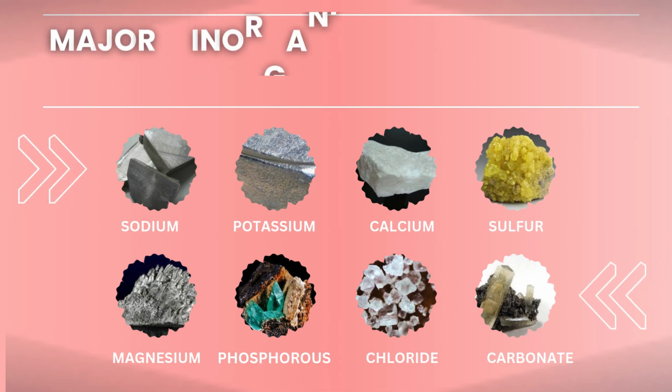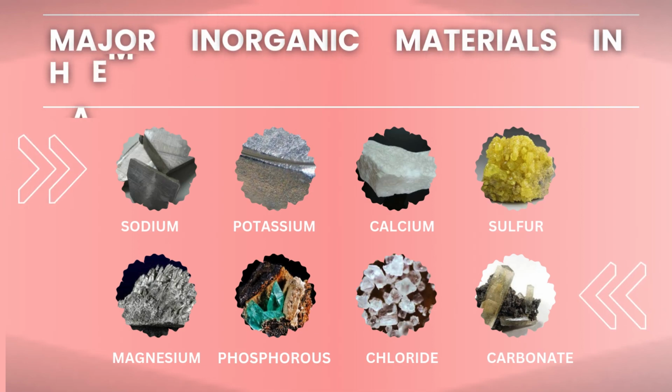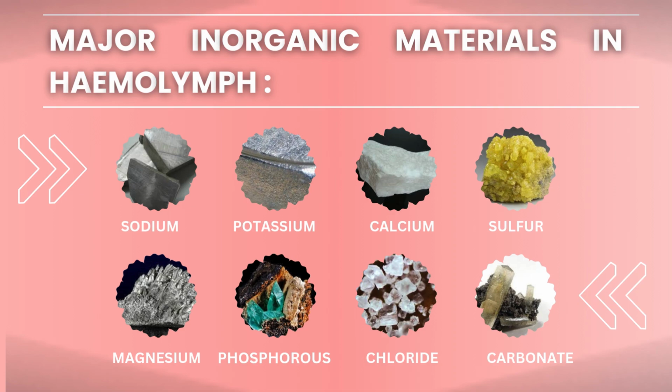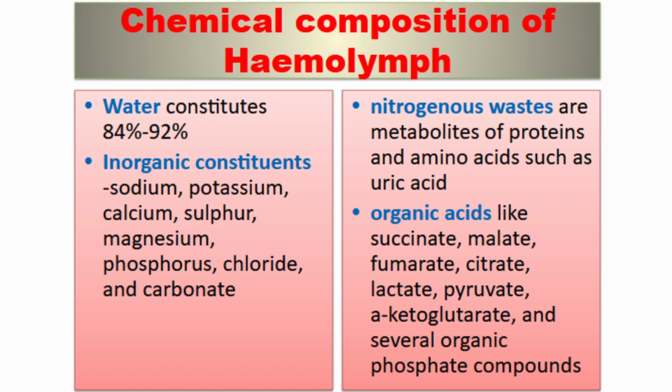The inorganic constituents present in insect hemolymph contain sodium, potassium, calcium, sulfur, magnesium, phosphorus, chloride, and carbonate as major inorganic materials. The nitrogenous wastes are metabolites of proteins and amino acids such as uric acid, which occurs in a very high concentration in the hemolymph.